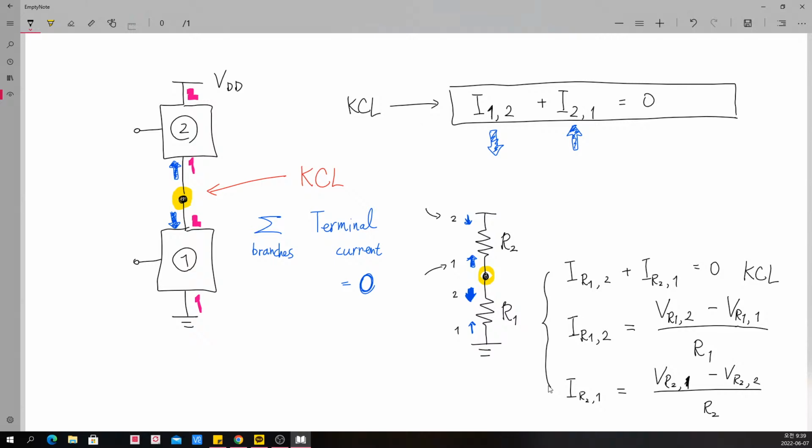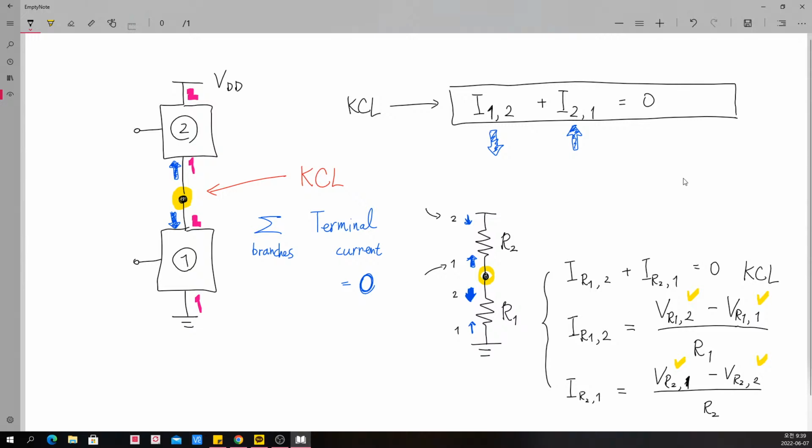Yes, maybe, but still we have no idea about what is this voltage, what is this voltage, what is this voltage, and what is this voltage. We have introduced 4 different voltages, so we have to also provide information for all of them.